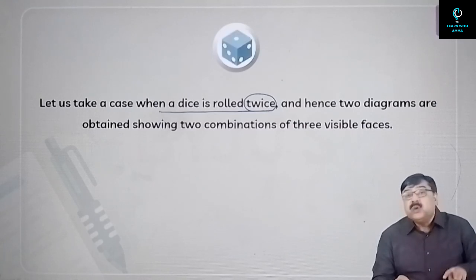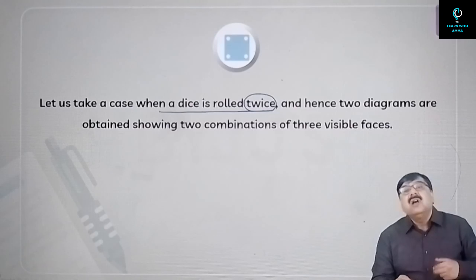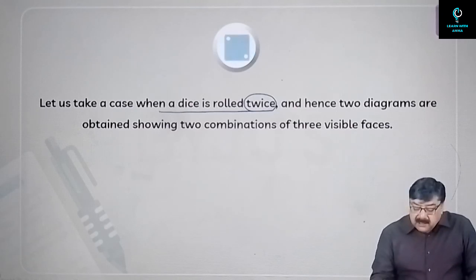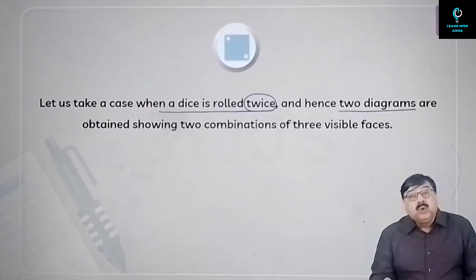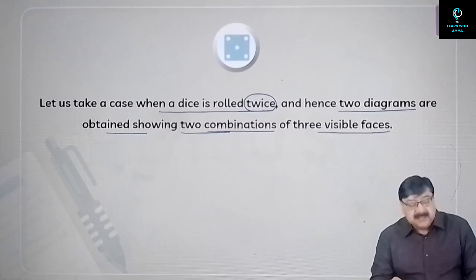So on each occasion, you will see a combination of 3 numbers, if at all numbers are written on the dice, or combination of 3 letters, if letters are written on the dice, and so on. But for the 2 situations, 2 diagrams will be obtained exhibiting the 2 combinations of the 3 visible faces.